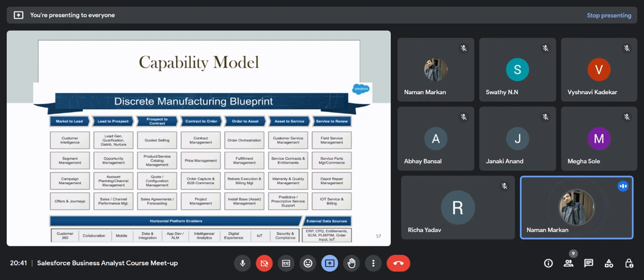Okay, so in the models, we will be looking into the capability model first. And you can see this is the industry blueprint, basically, which lists out high level process areas, because they are useful for you in scoping everything which is required for your requirement gathering session.